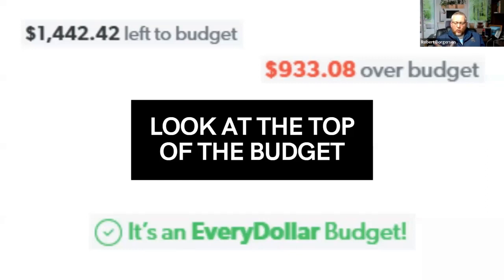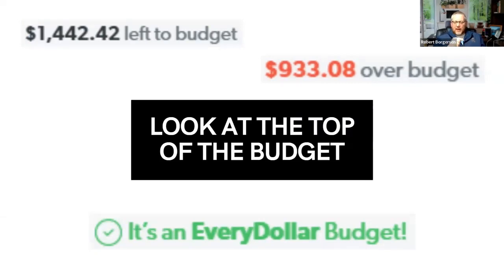Hopefully, if you've only done income, four walls, and debt minimums, you're going to see this one. You actually have money left now to decide where it's going to go, right? And because it's a zero-based budget, whatever that number is, you have to plan for every penny of that to go somewhere.